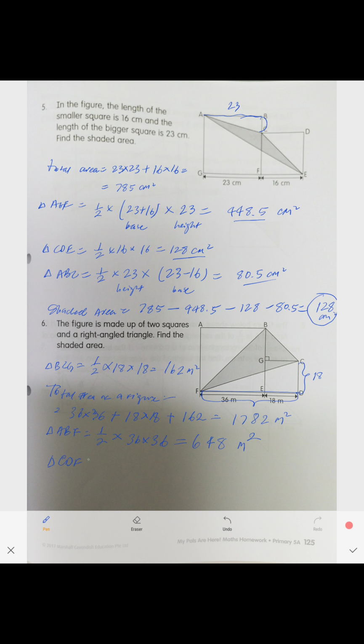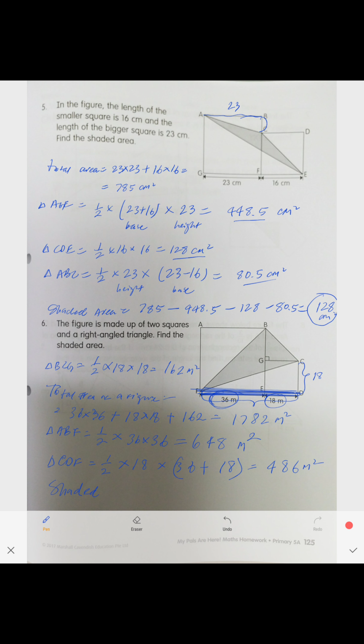So 1/2 times 18 times 36 plus 18. This one long big thing, 36 plus 18. Okay, you do your math, you should get 486 square meters. All right, and that's it.